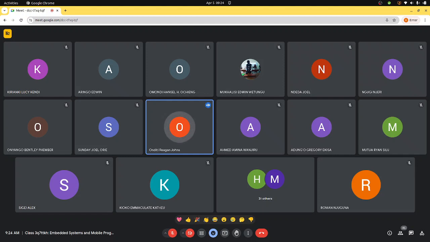And I would also want you to confirm whether you've been able to see the slide on your classroom this week. I would also want you to confirm that it is accessible and you can have a look at it.